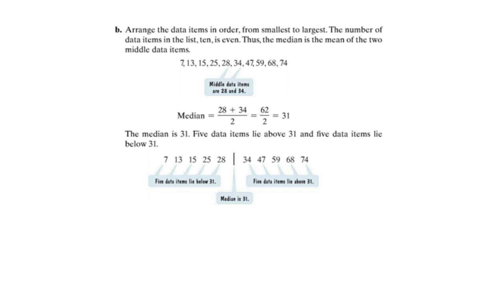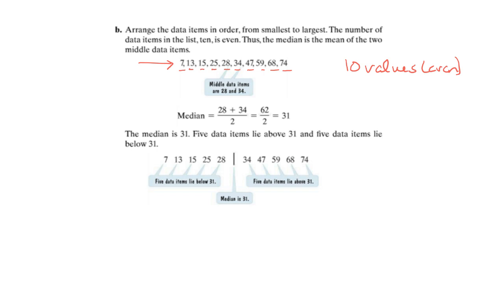For part B, we took the second set of data values and placed them again from smallest to largest. In this case, when we count the numbers, we have an even count. So let's see, 1, 2, 3, 4, 5, 6, 10 numbers. Since we have 10 values, which is an even count, we have to find the two innermost numbers and find the average of those two.